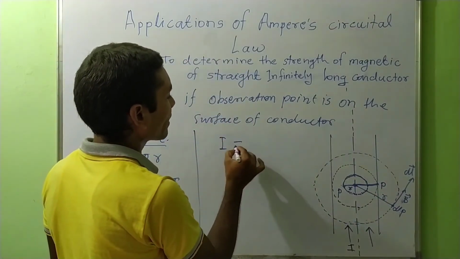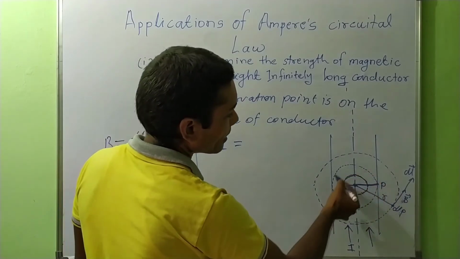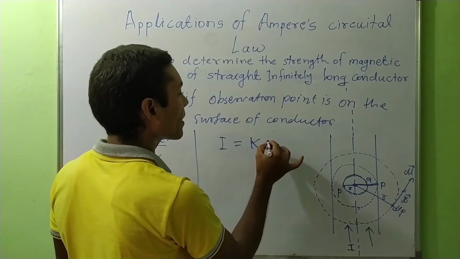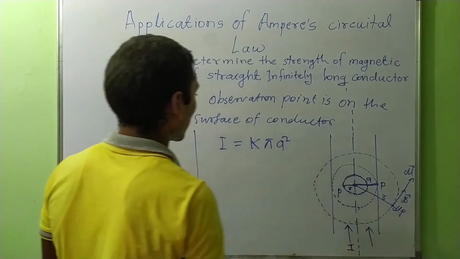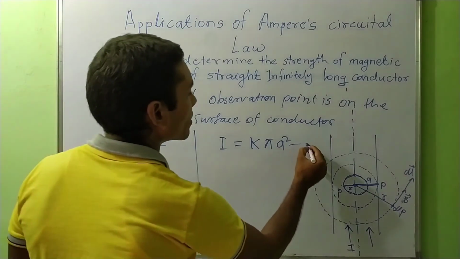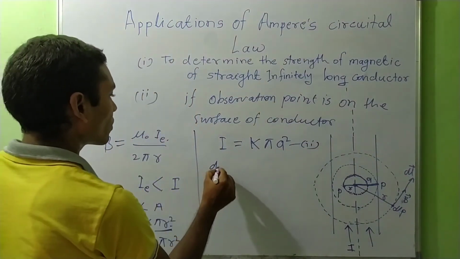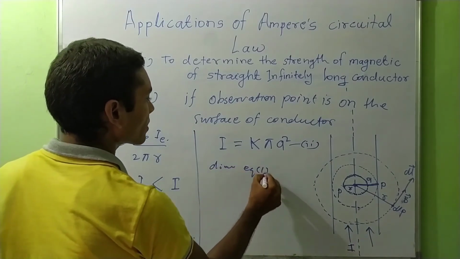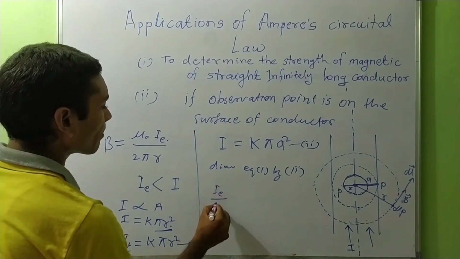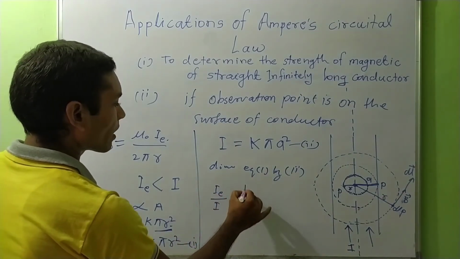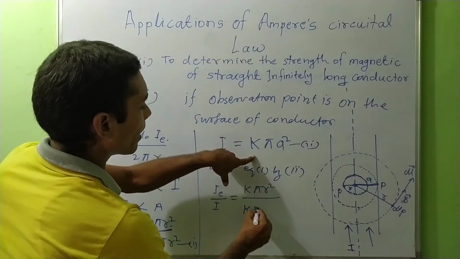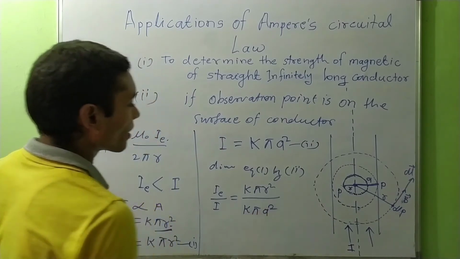Total current threading through the cross-sectional area of radius small a will be equal to K pi a square. Okay, let this equation be first and this equation be second. So dividing equation first by equation second, we will get I_E upon I equal to K pi r square upon K pi a square.